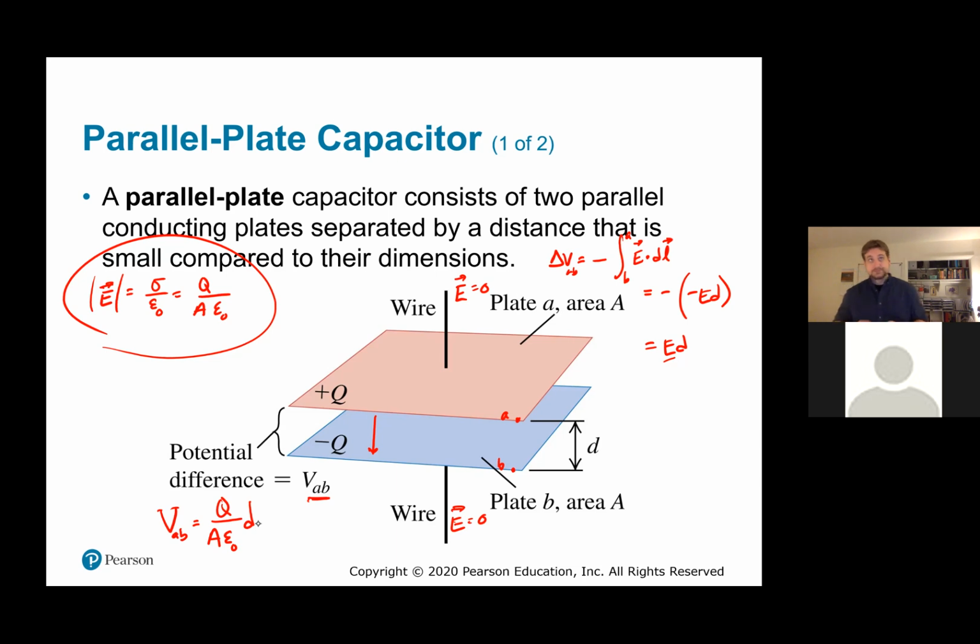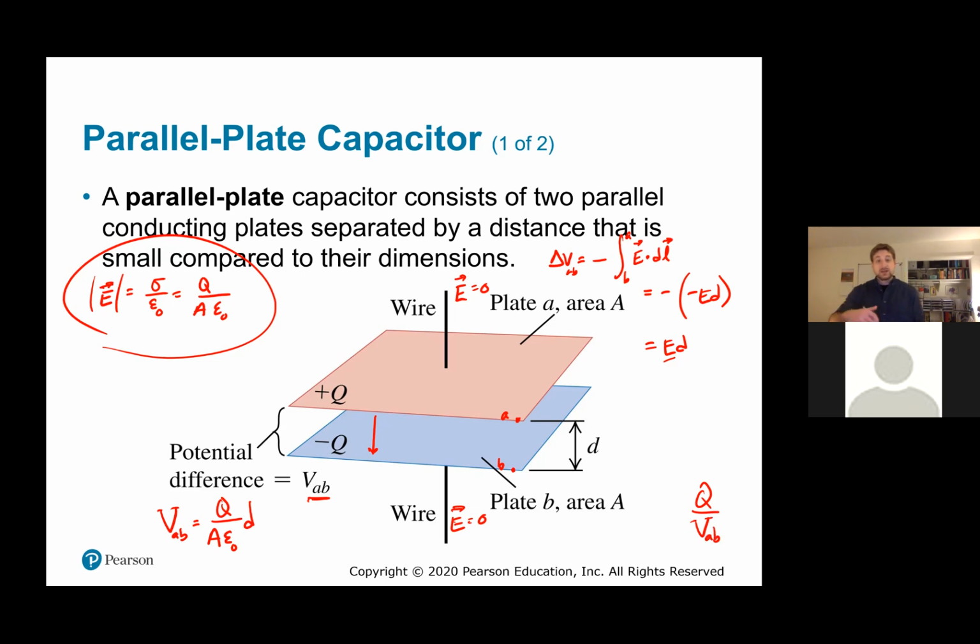So, how much charge can we store for a given potential difference? I'm looking for charge per potential difference.